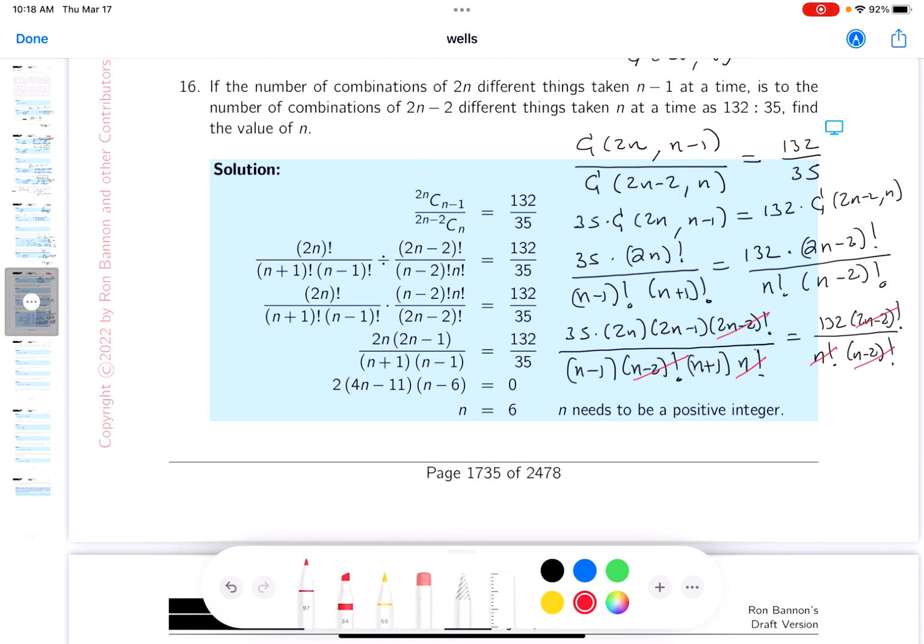I want to do something else, by the way. I'm going to divide both sides by 7. Let me tell you why I'm doing that. 7 into 132, well, that goes in once. That's a 7, and then you get 6. No, that's not working.